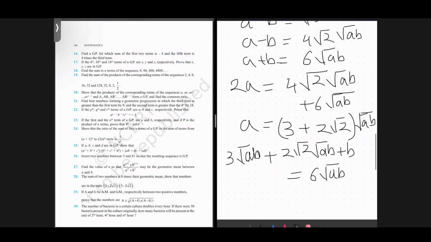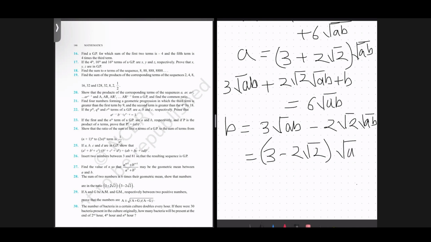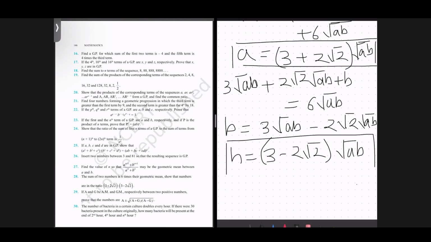Taking everything except b onto the RHS, you get b equals 3 root ab minus 2 root 2 root ab. Taking root ab out common, you get 3 minus 2 root 2 into root ab. Correct. So now we have the value of a, which is right here, and we have the value of b found right here.